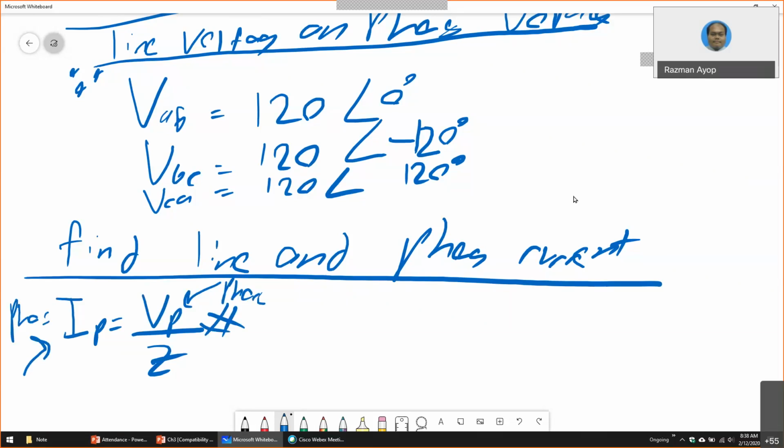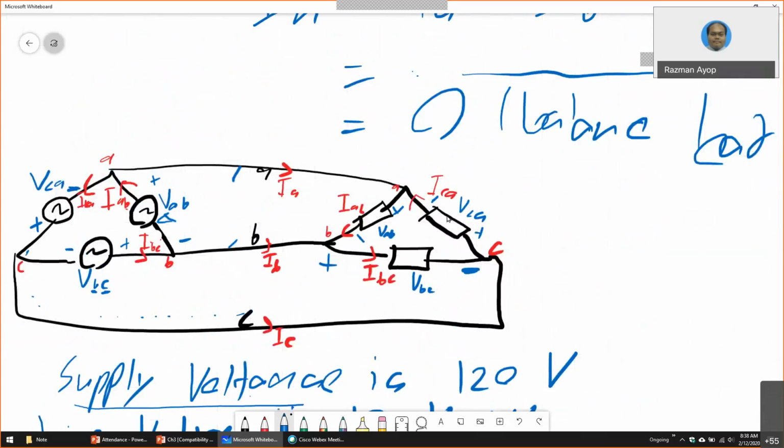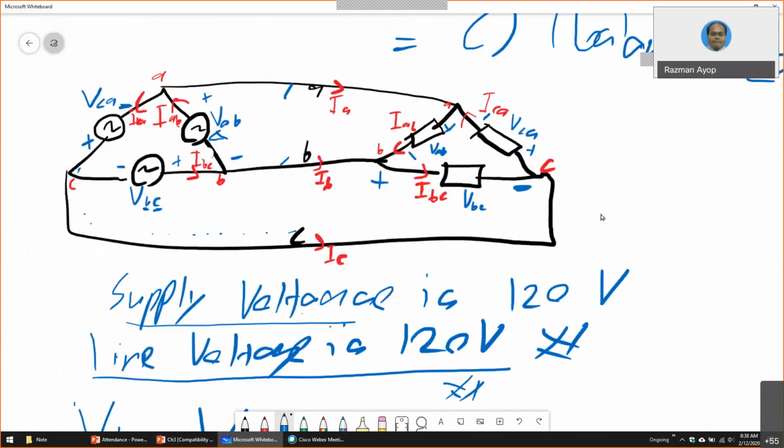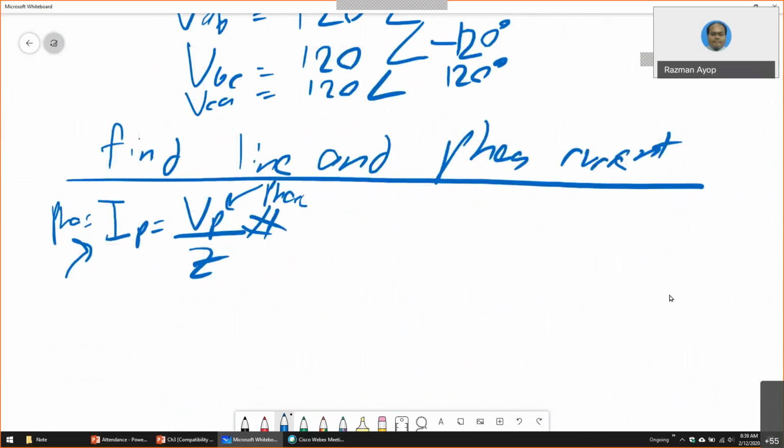There are two types of current, either at generator or load. The current is the same because this is a balanced load, but for unbalanced load, the current is different. If you use this formula, this one is basically at load.